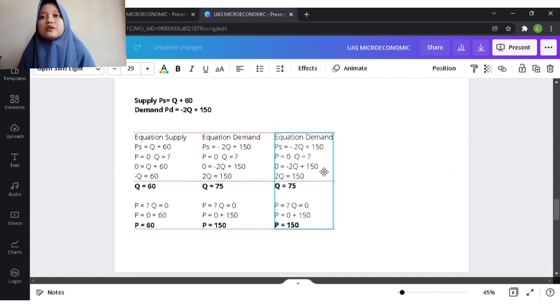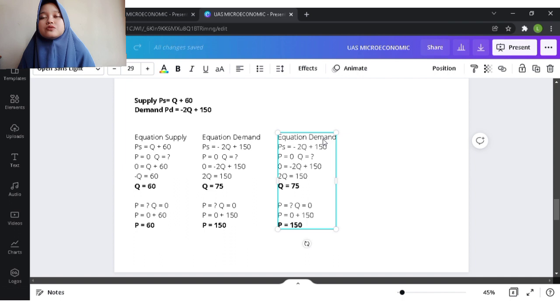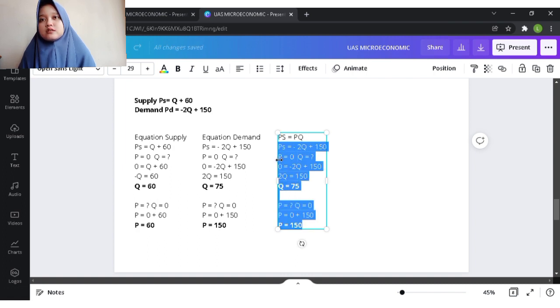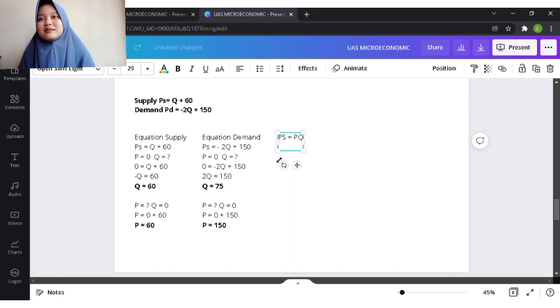And the next step we use the next formula, which is PS equal to PD. Oh, I'm sorry, there is a typo. It's PD actually. So K plus 60 equal to minus 2K plus 150.